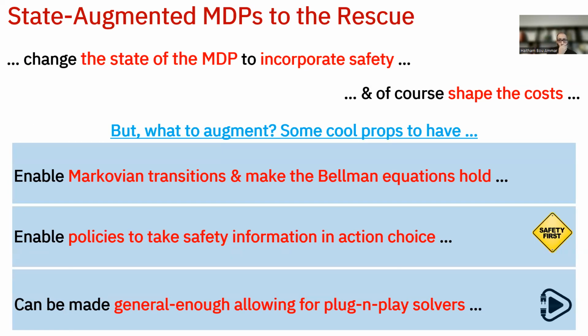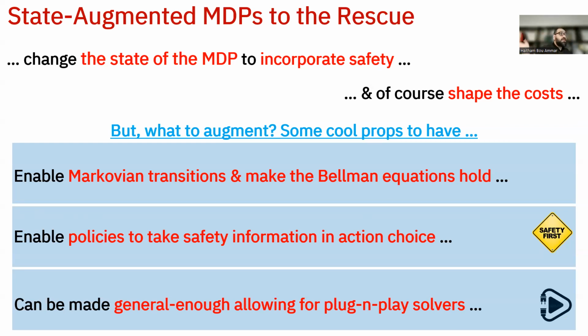If I am able to change the state variable of my problem to take into account the safety consideration, say somehow I was able to do that, then my state space will explicitly include inside it the safety cost. And of course, I need to change the cost function to accommodate for that.